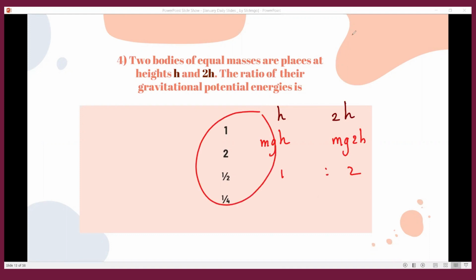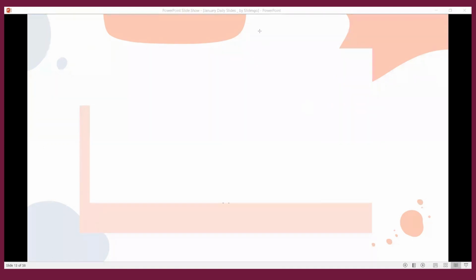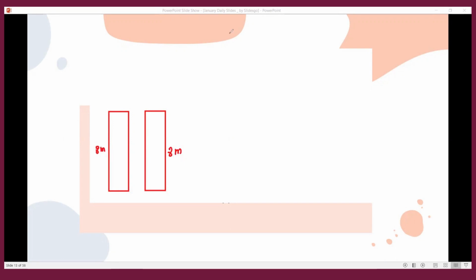Now we are going to do one more question. The question tells us we have two objects at the same height. Let's say the height is 8 meters, and the mass of the first object is 4 kilogram, and the mass of the second object is unknown, let's say it's m.